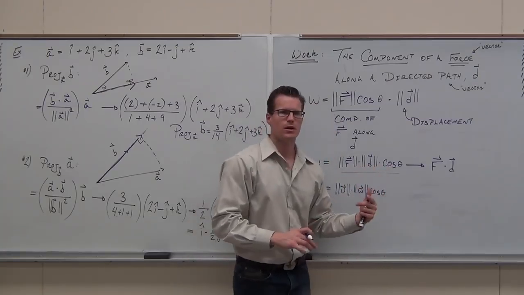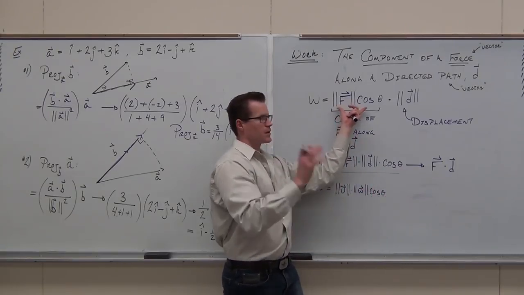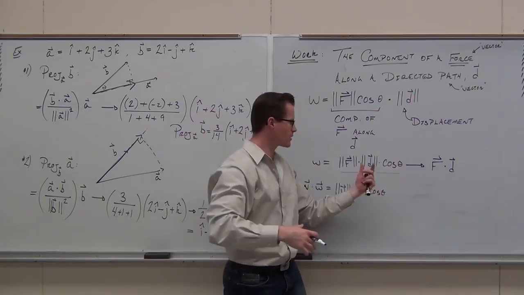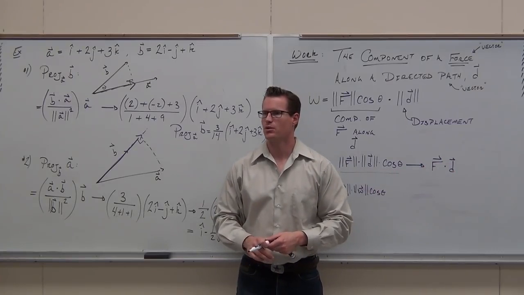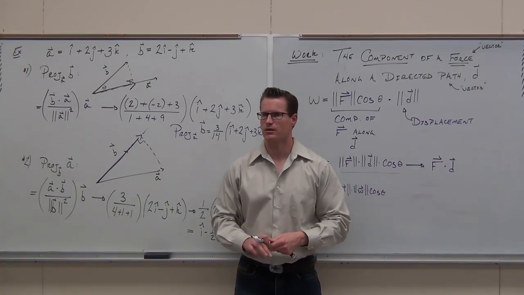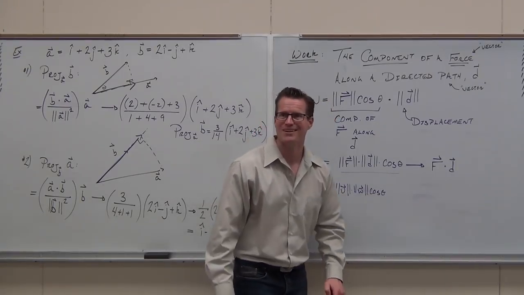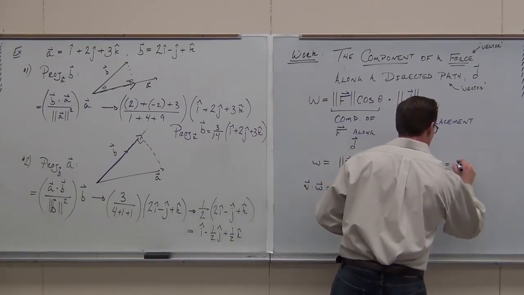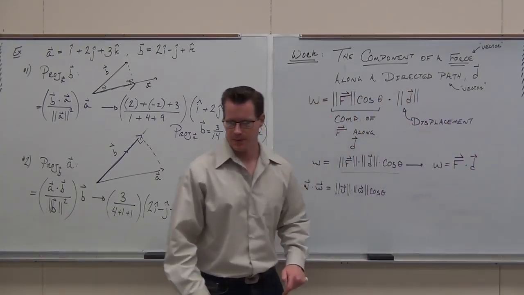So because we have this definition of work, where work is the component of force directed along the path times the amount that you're displacing it, we go, okay, that's fantastic. Wait a minute, that's just a dot product. So what is a dot product? Work. And sometimes it's some work. That's pretty cool.